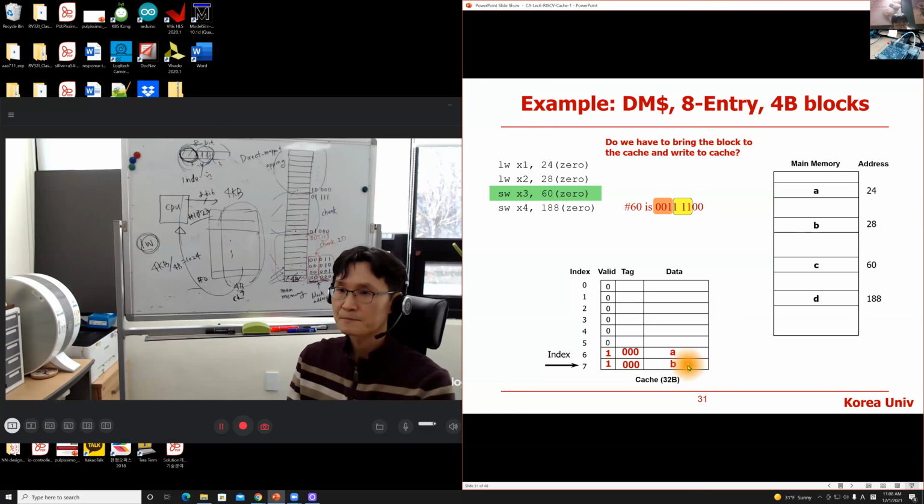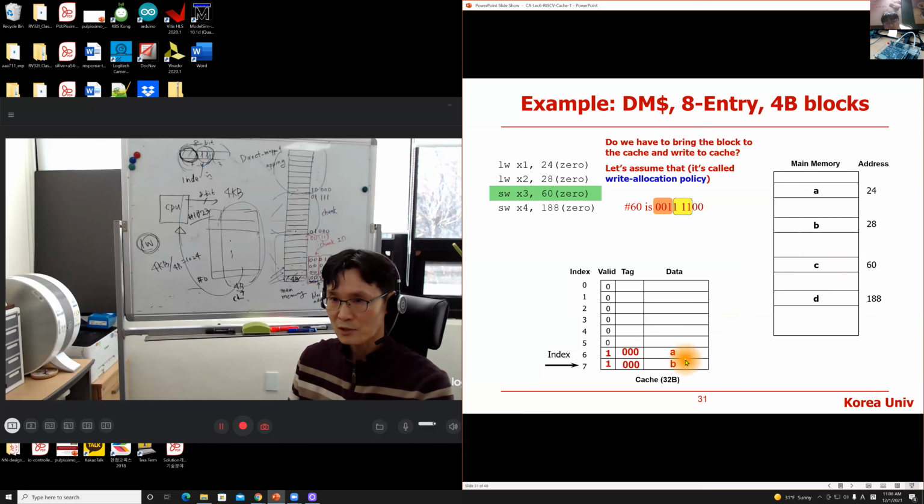Let's assume you are going to bring this memory block into the cache first, because it is a write operation, and then update. That is called write allocate.